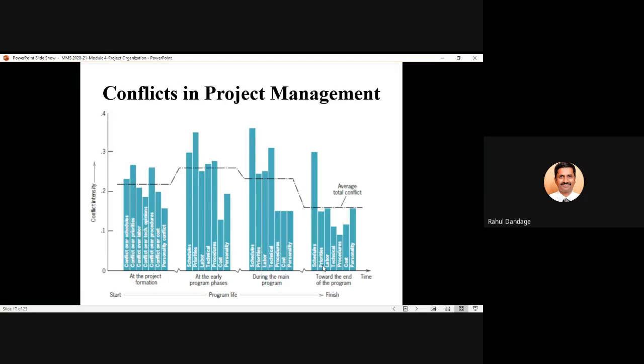This is a beautiful graph which gives an idea about the conflict intensity on the y-axis, and on the x-axis it shows the project life cycle, start and finish. In 4 different stages, 4 different phases, the conflicts have been shown. One is at project formation, during the initial phase, the early program phase. The project has started, but it is not yet in full swing.